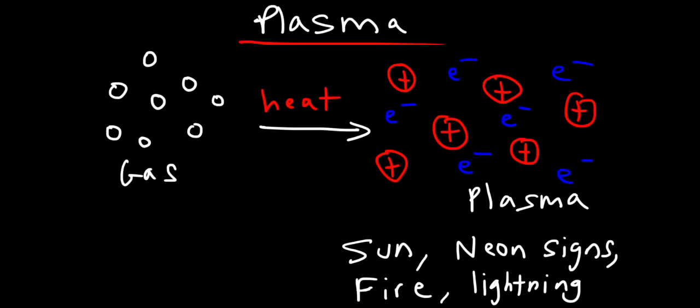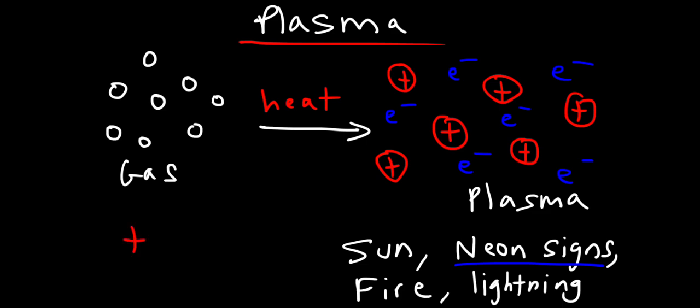So in order to strip the electrons in a gas to create plasma, you can add heat or you can add electricity, because neon signs use electricity to separate the electrons from the gas particles, creating this plasma state.